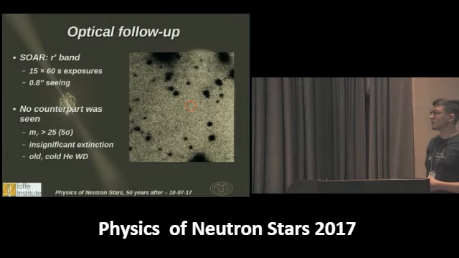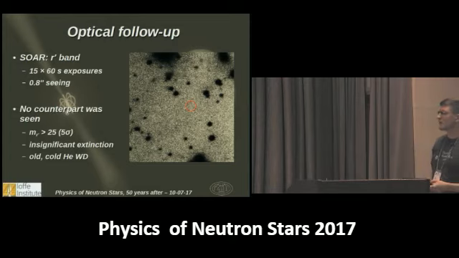We didn't see the counterpart down to 25th magnitude at 5 sigma significance, which is pretty deep. We also estimated the extinction, which is not really significant, below 0.5 magnitude, and shouldn't really affect the non-detection of the counterpart.